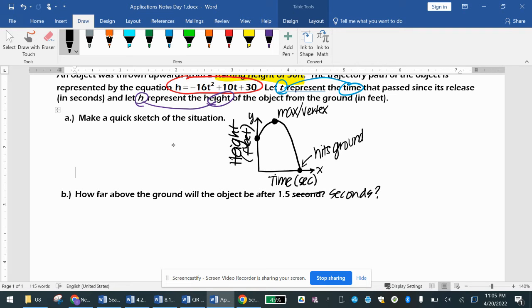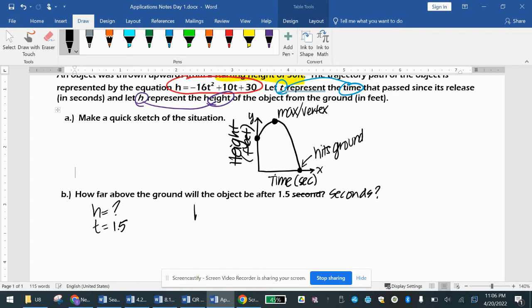So remember, nada más tenemos dos variables. We only have two variables, right? Altura, height, y tiempo, time. We don't know the height. No sabemos, es lo que me están preguntando. They're asking me, what is the height after 1.5 seconds?